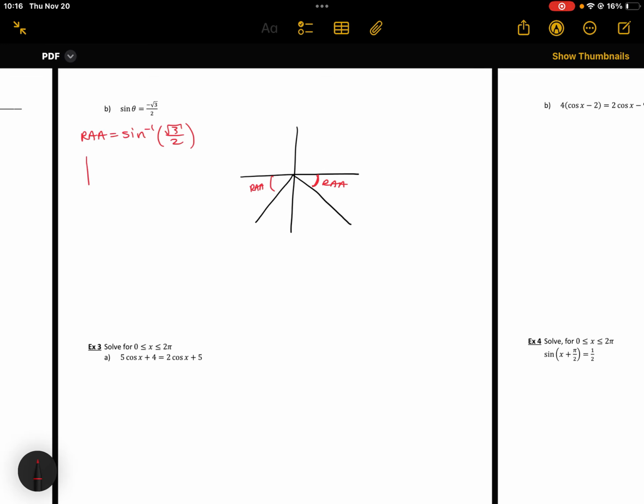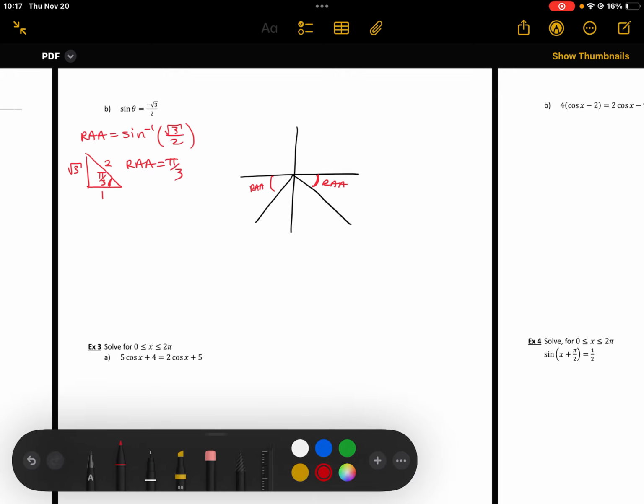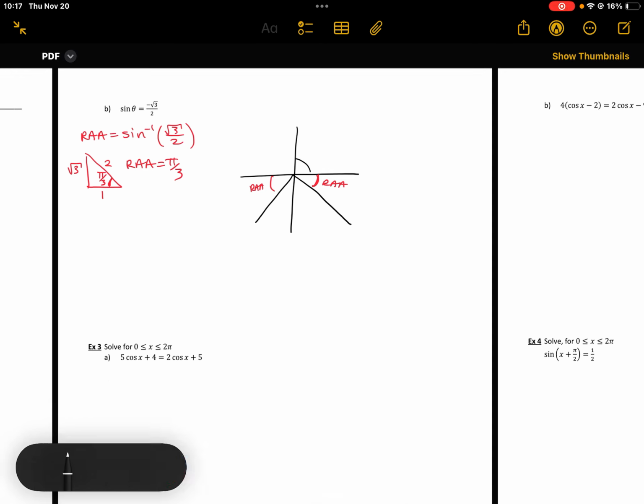I have also seen those side lengths before. Sine, this is the angle that I'm looking for. Root 3 would be my opposite, 2 would be the hypotenuse, and 1 would be the adjacent. This angle right here that goes with that value is pi over 3. So that means that my related acute angle is pi over 3. Using my special triangle, that gets me an exact value.